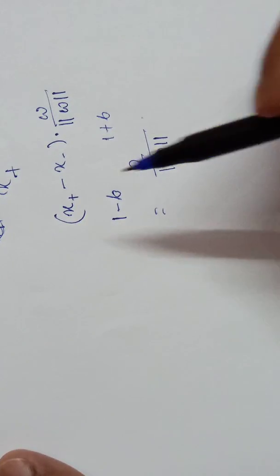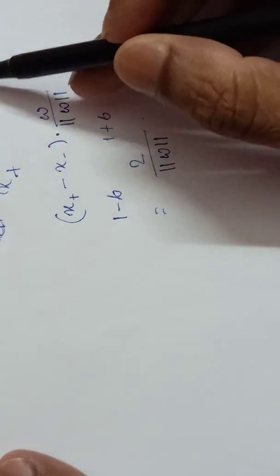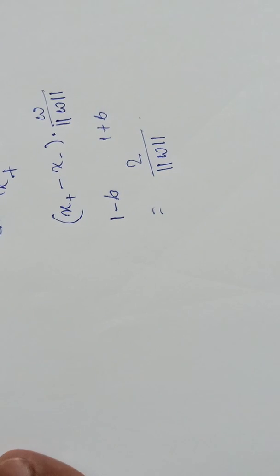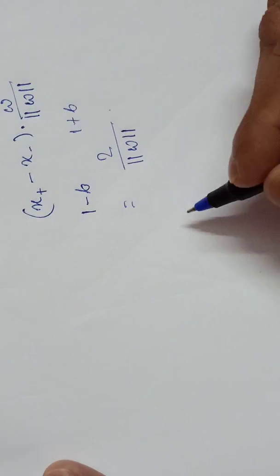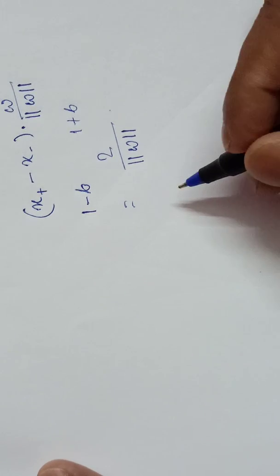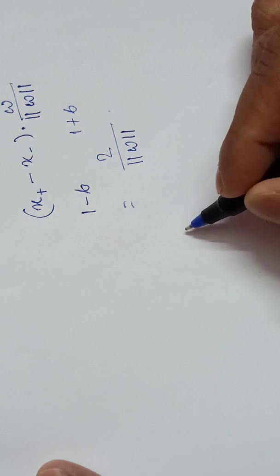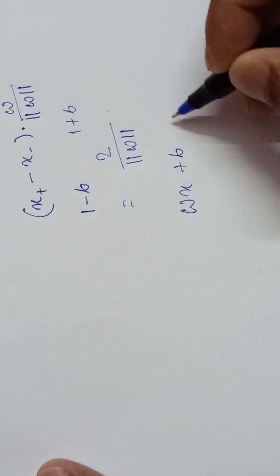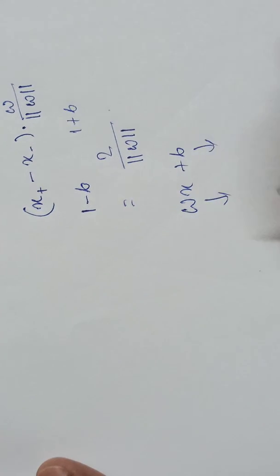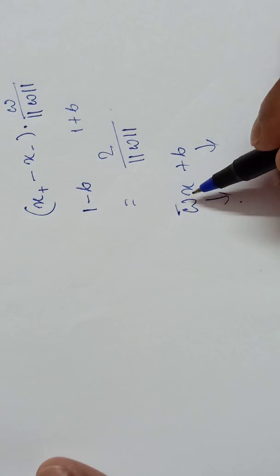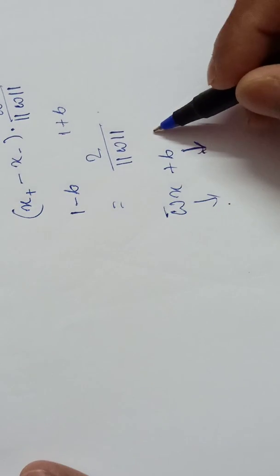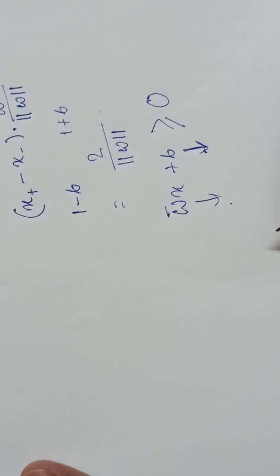So the distance between a positive class and a negative class is equal to 2 by norm of w, right? So here we have two variables to find. If we can find the w and the b in this equation wx plus b, these two being unknown to us, immediately we can find whether it is greater than or equal to 0 or not.